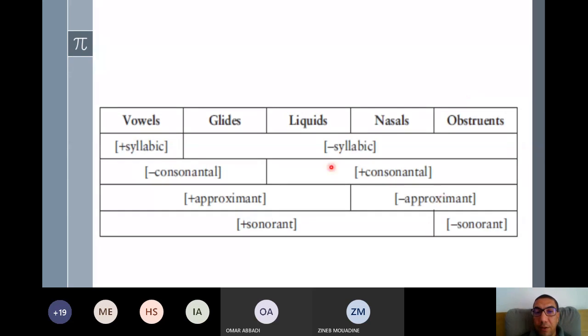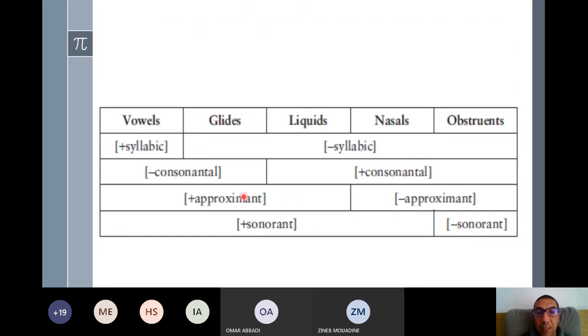So again, this table will summarize the features that we have just seen. The plus syllabic are the vowels. The rest is non-syllabic, minus syllabic. The glides and the vowels, the glides also include the glottal sounds, are minus consonantal, and the rest are plus consonantal.